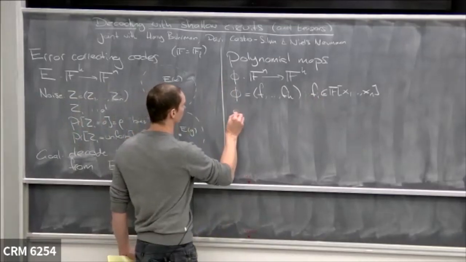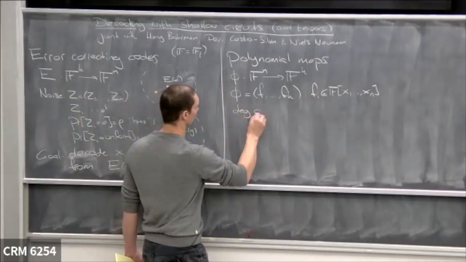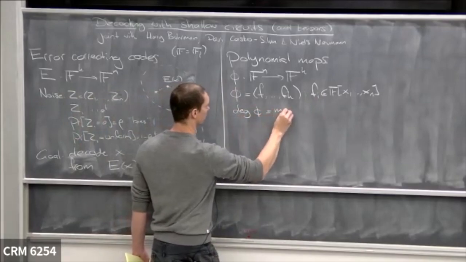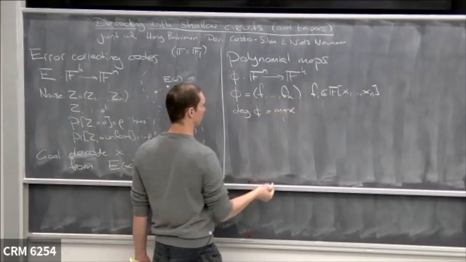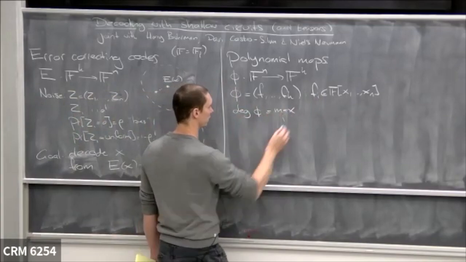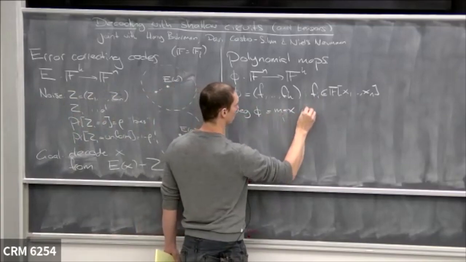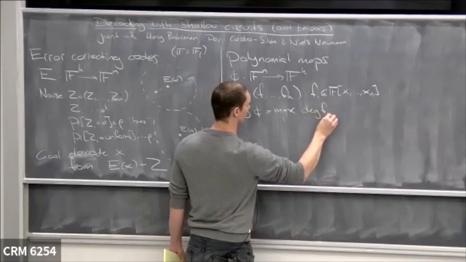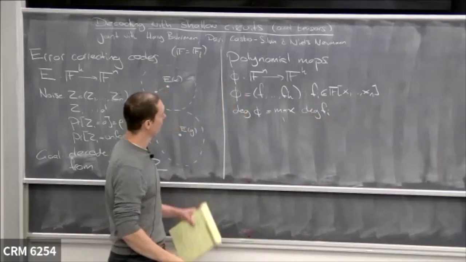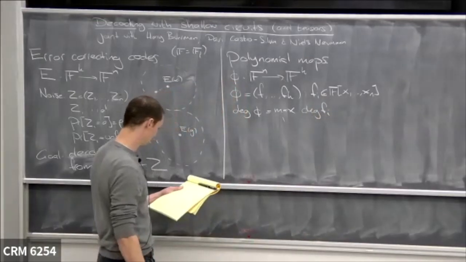And then the degree of such a polynomial map is defined as the largest degree among the polynomials that define it. So the maximum degree among the f_i.